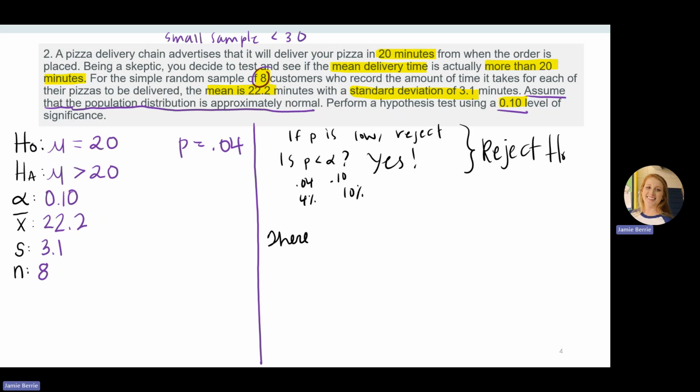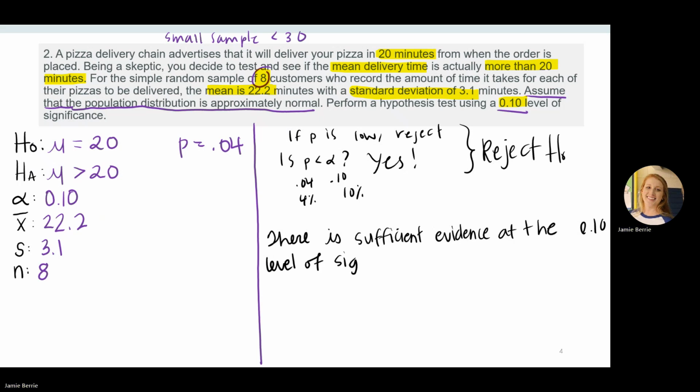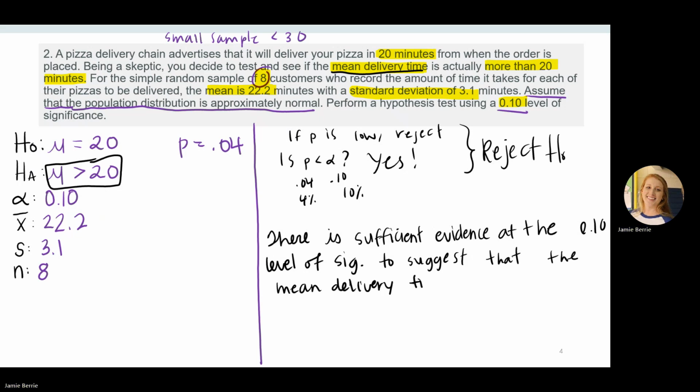So this time we'll say there is sufficient evidence at the 0.10 level of significance to conclude that, and then we're going to restate the alternative hypothesis, which is that the mean delivery time, that's how they described it, the mean delivery time is more than 20 minutes. All right. Cool.